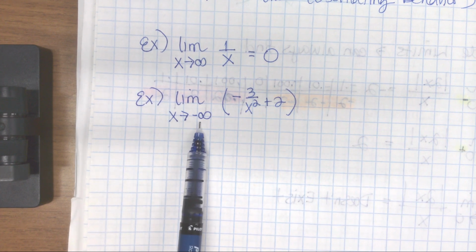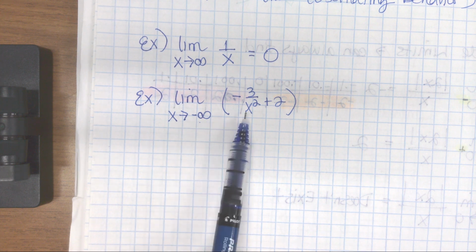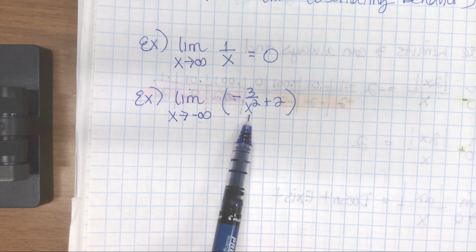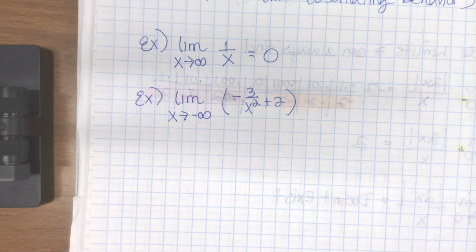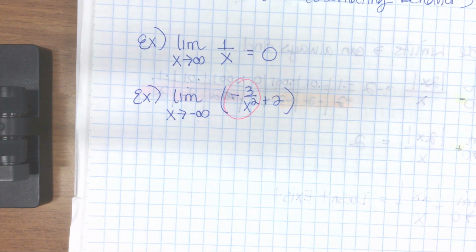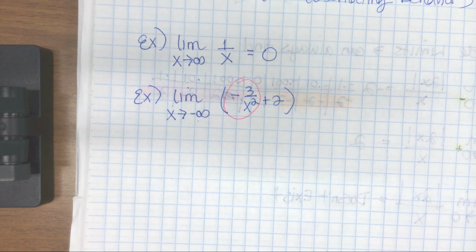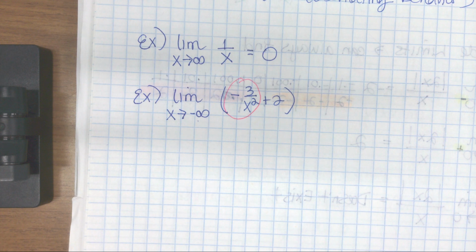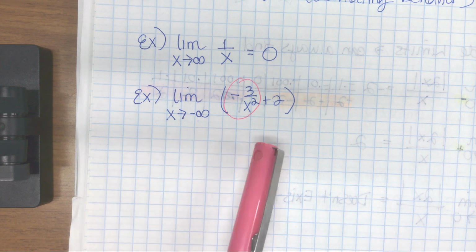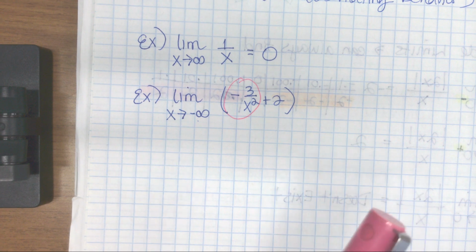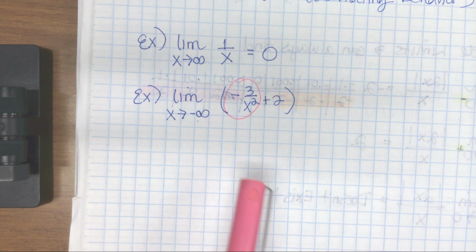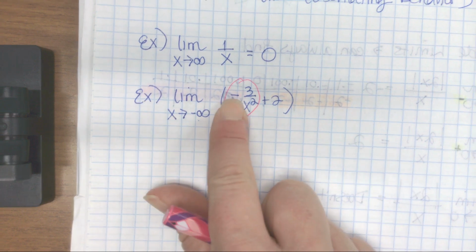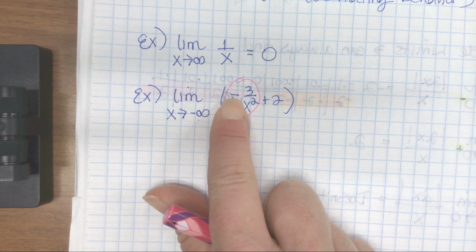That negative infinity just means a really large negative number. When I put that into this function for x and I square it, what happens to this whole thing? It gets really, really small. Same concept as before. Does the negative and positive in this case really matter? No, because it's approaching 0, and it is actually approaching 0 from underneath. But that doesn't matter, it's still approaching 0.